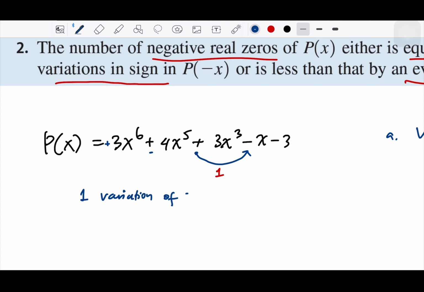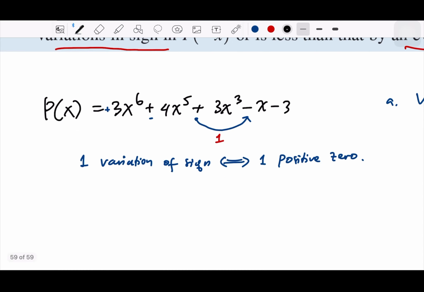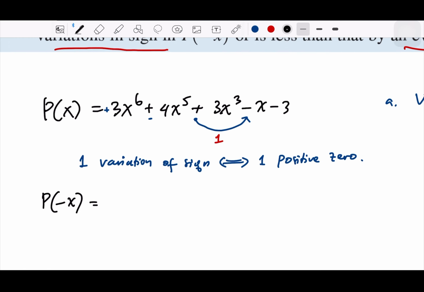So we have 1 positive zero. Okay, and now we take P of negative x. So we need to change this equation. So 3x to the power of 6, because it's an even power, is still the same.